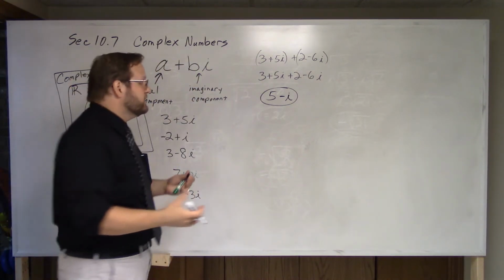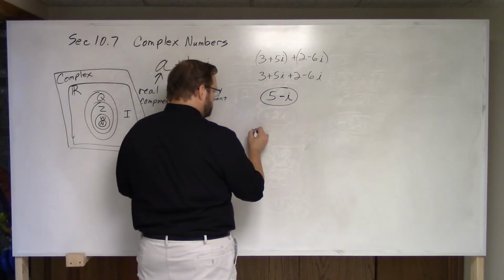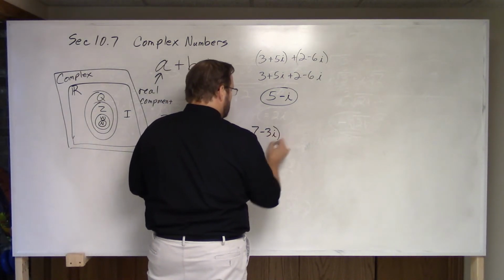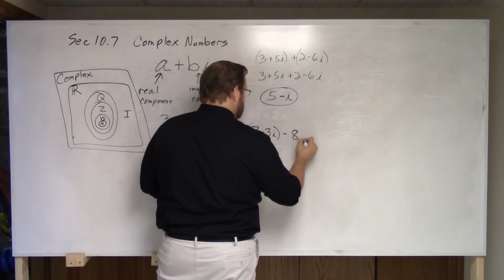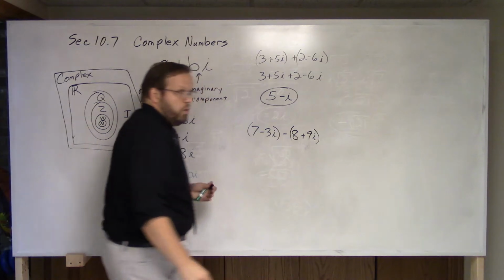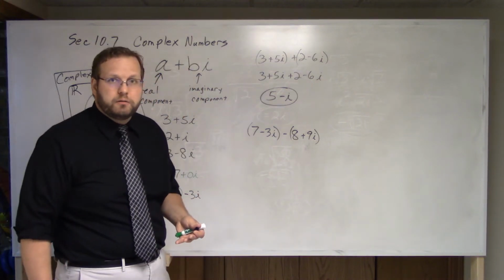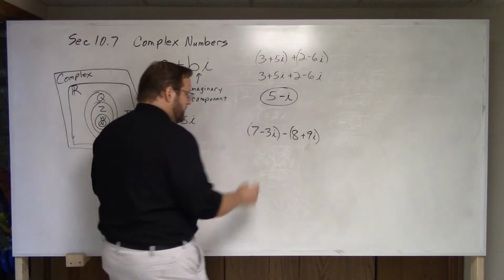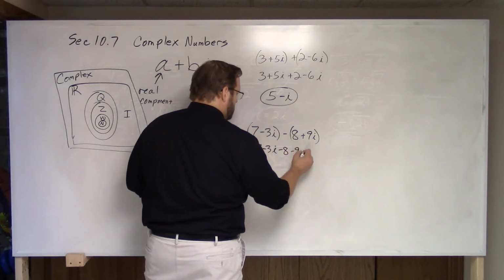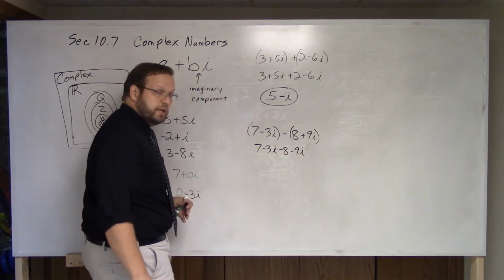With subtraction, very similar. Let's say we have 7 minus 3i minus 8 plus 9i. What would we do if that was just a normal polynomial? We would distribute the negative. Same thing here. And then we combine those like components.